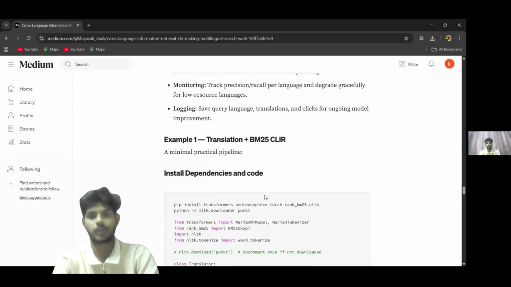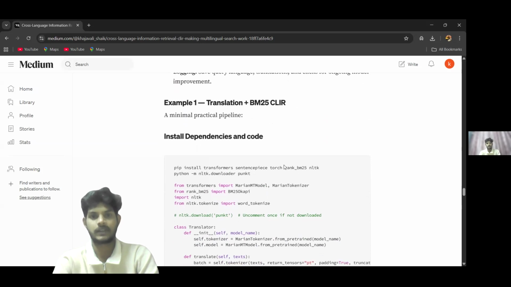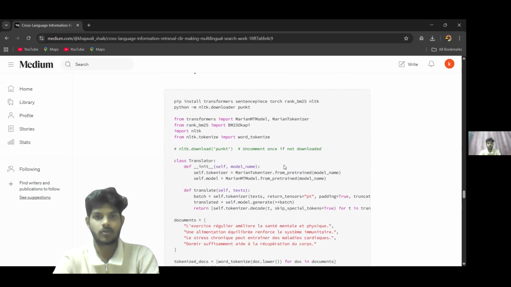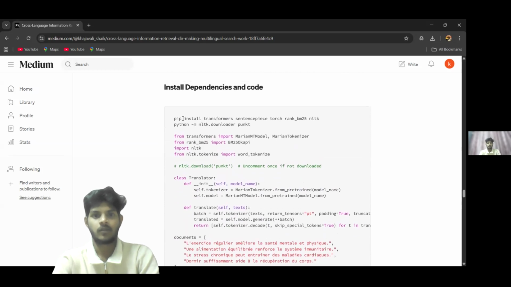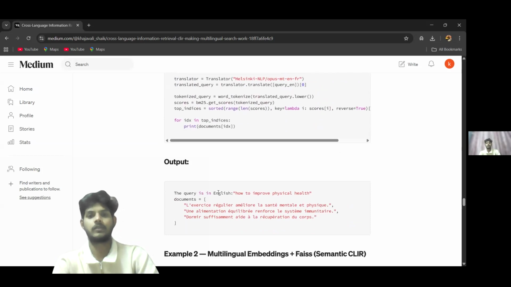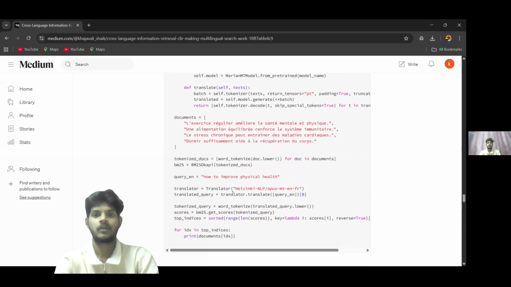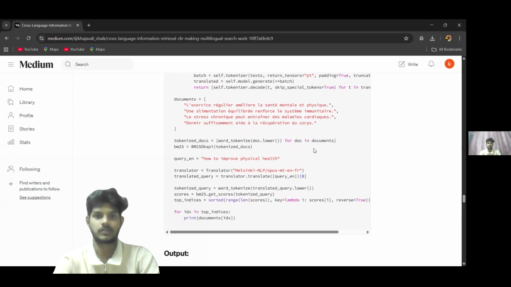For example, if you take a model with translation plus BM25 CLIR, this is the code, and we have to install the dependencies. The user query is given in English, how to improve physical health, and now it is retrieving from different documents which are present in French and Spanish.